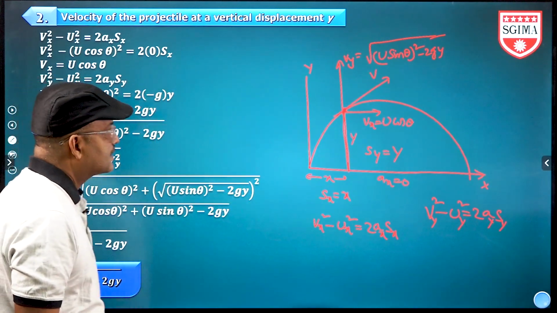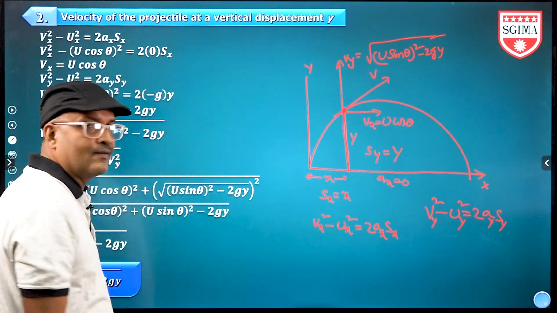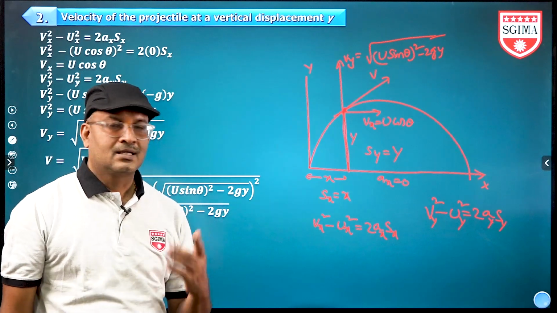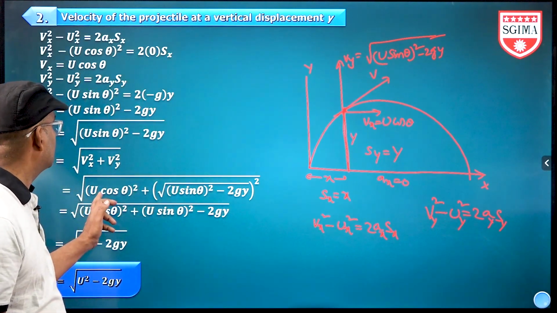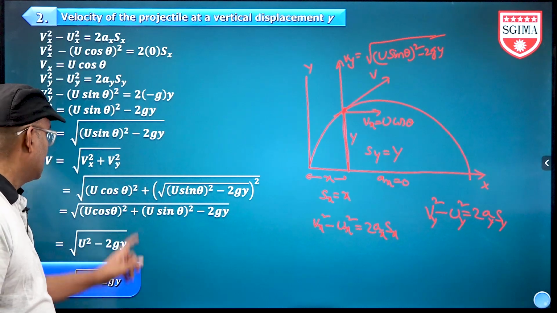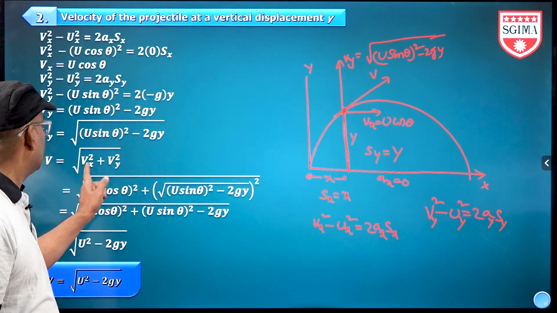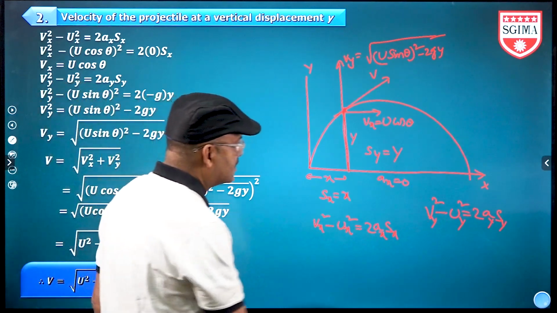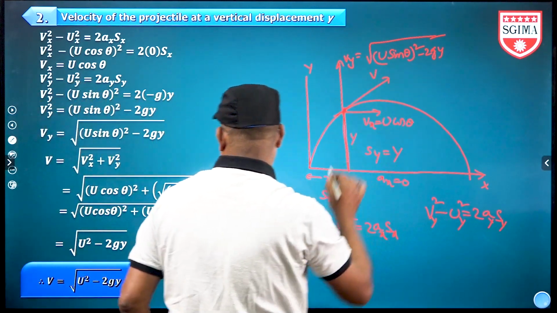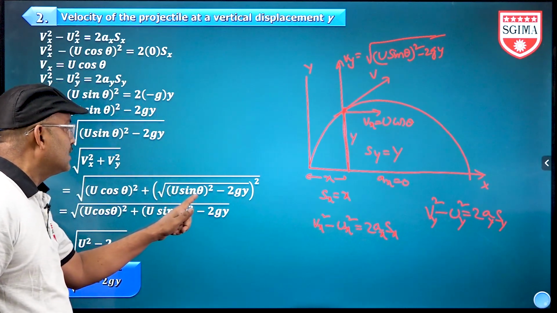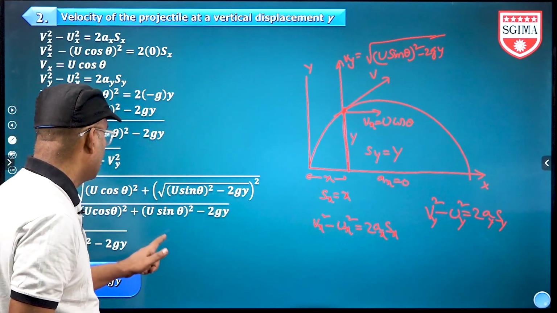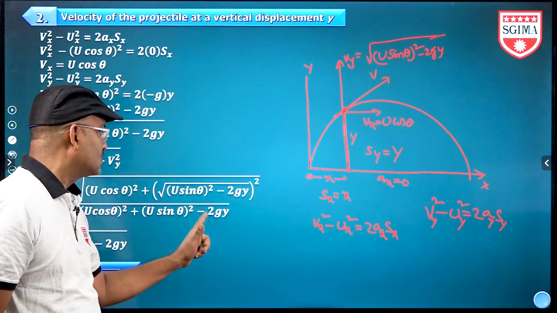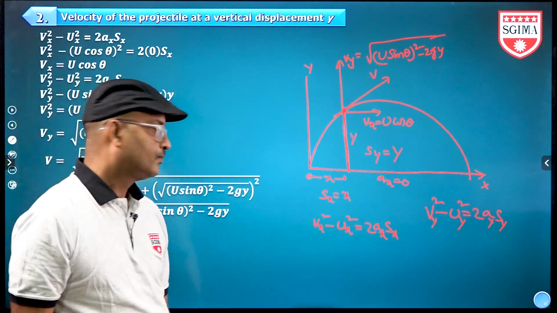So, once you know Vx and Vy, you can find out the velocity. V is equal to root of Vx square plus Vy square. If you substitute these values, Vx is u cos theta, Vy is root of (u sin theta) whole square minus 2gy, then V is root of (u cos theta) whole square plus (u sin theta) whole square minus 2gy.